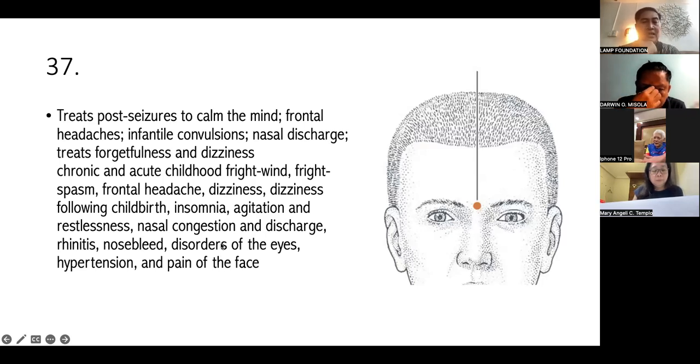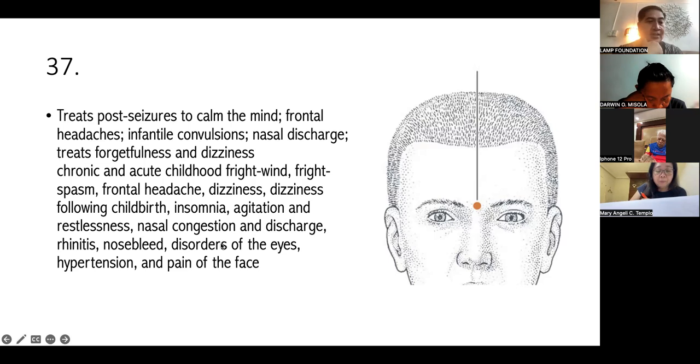Ito naman, very popular. In fact, we use this as like yung mga tao Face. It treats post seizures to calm the mind, frontal headaches, infantile convulsions, nasal discharge, but we partner it with LI20 or PTOM, diba?